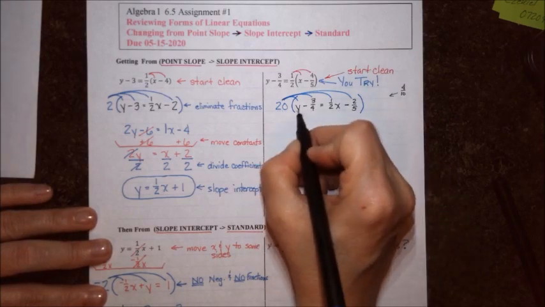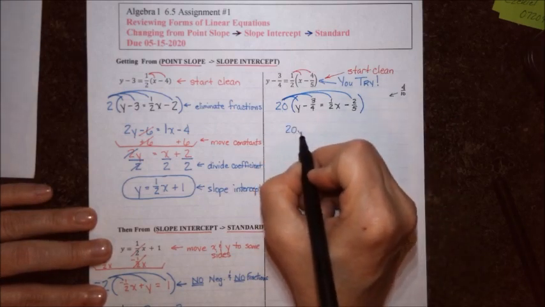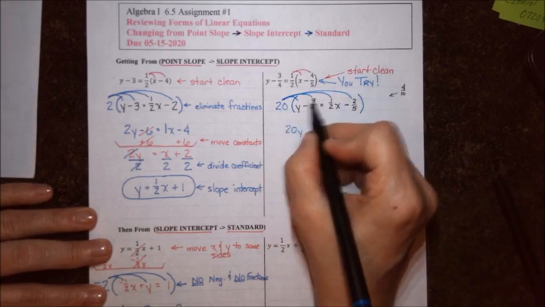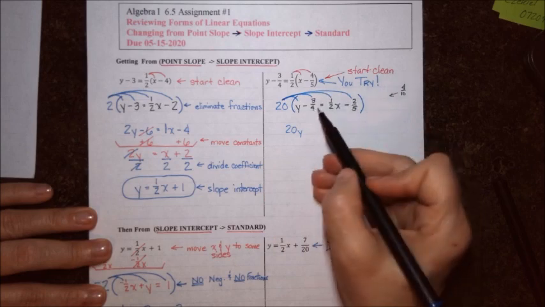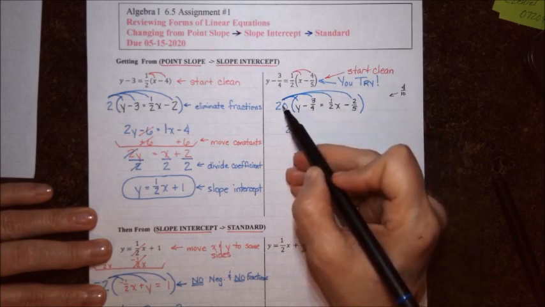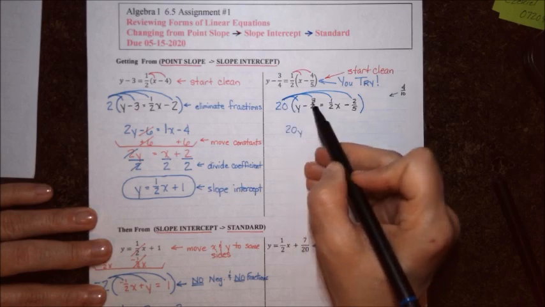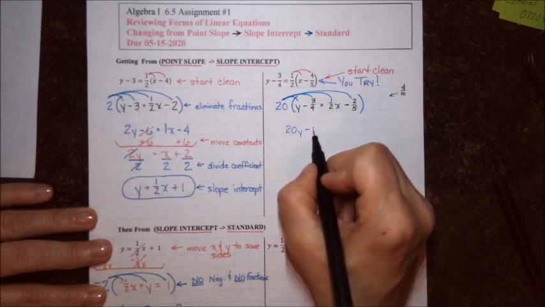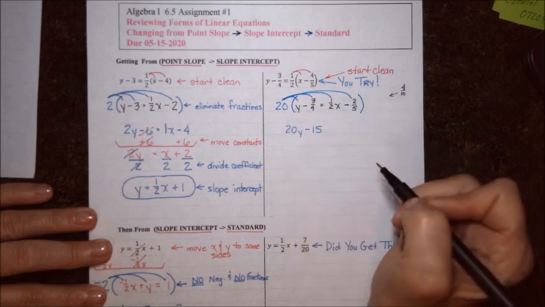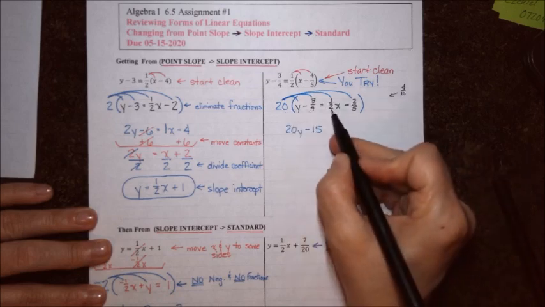So that means 20 times y, 20y. Well, now we've got this 3/4 of 20. What I like to tell myself is how many times can I put a 4 in 20? 5 times. I'll use that 5 times 3, then I know it's 15, which is 75% of 20, right? So what's 1/2 of 20?